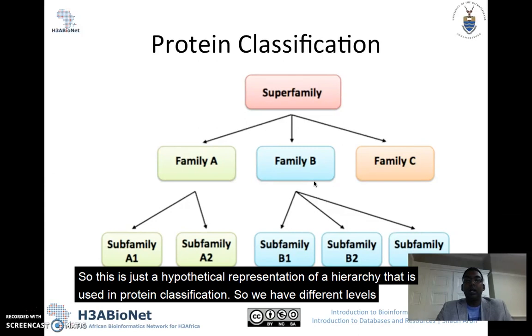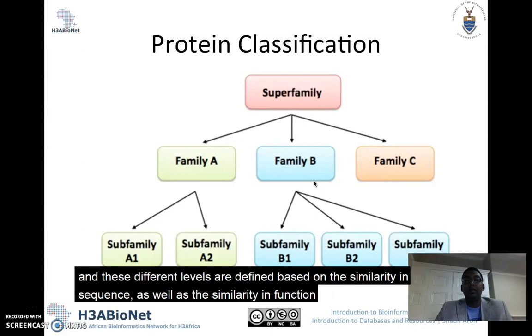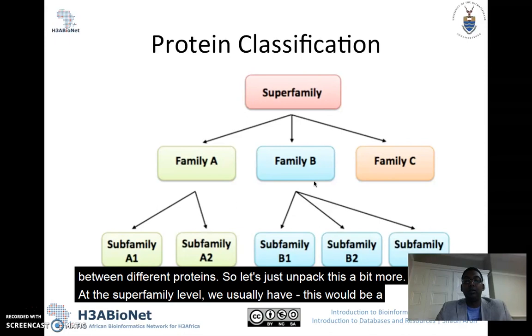So this is a hypothetical representation of a hierarchy that is used in protein classification. We have different levels, and these levels are defined based on the similarity in sequence as well as the similarity in function between different proteins. Let's unpack this a bit more.